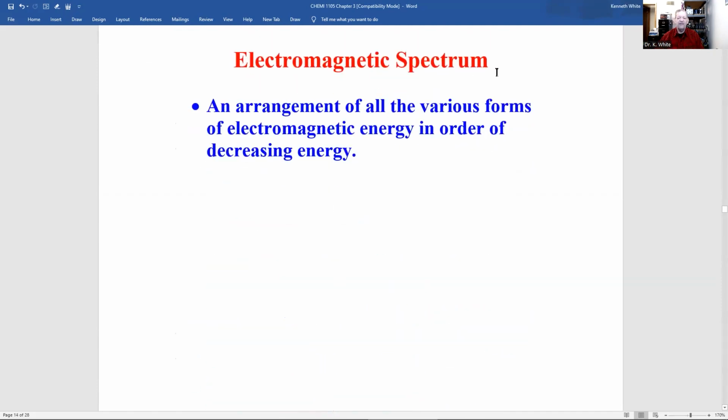And this is found in the electromagnetic spectrum. And this arrangement of all the various forms of electromagnetic energy in order of decreasing energy.